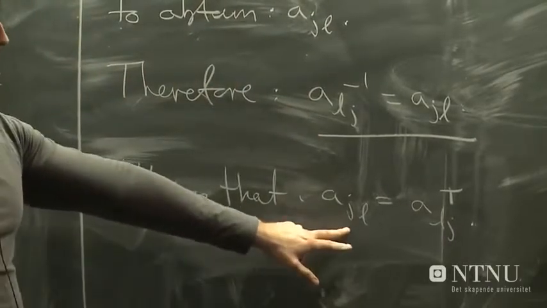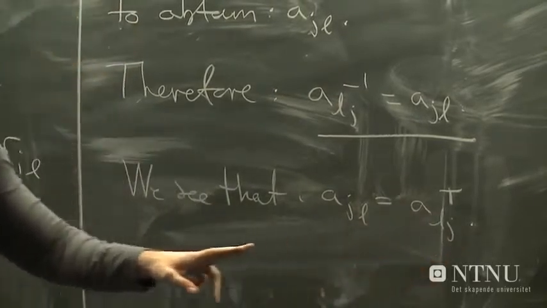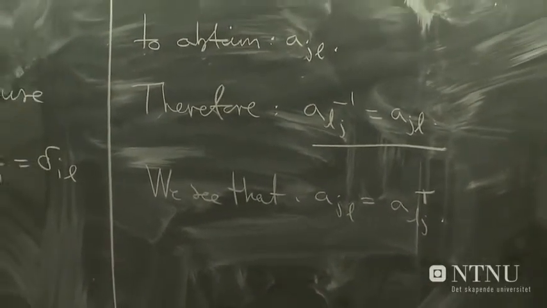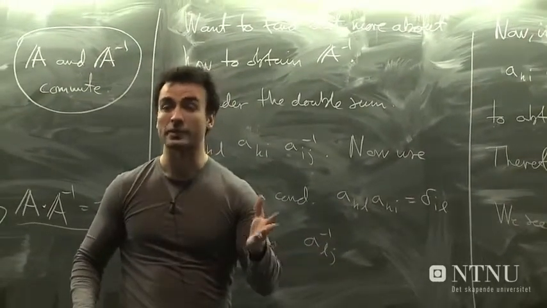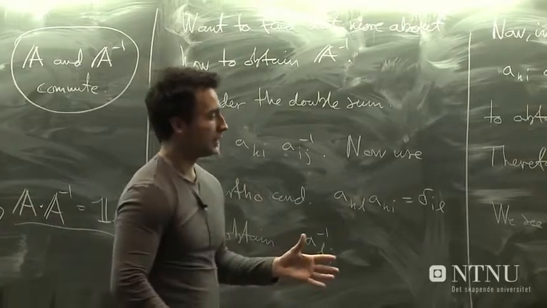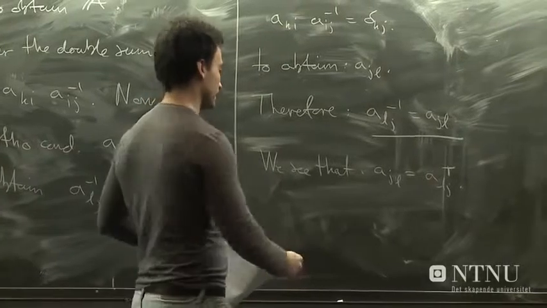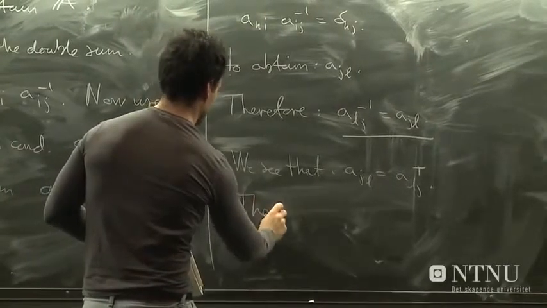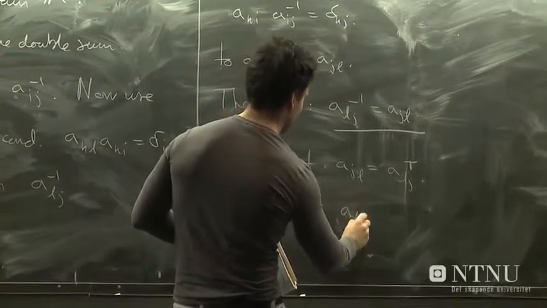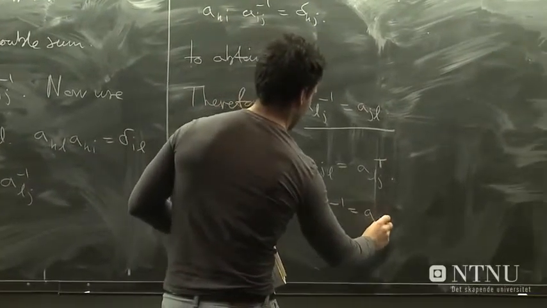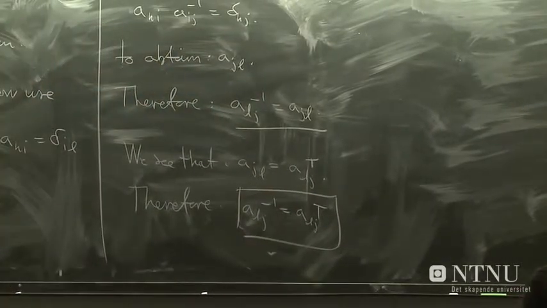Now Ajl is equal to Alj of the transpose matrix. The transpose matrix, or the transpose operation, essentially means that you interchange columns with rows. So you interchange these two indices. So then we have this relation.